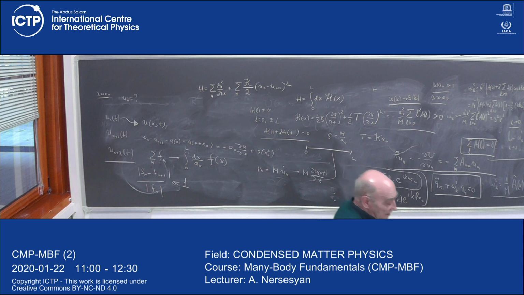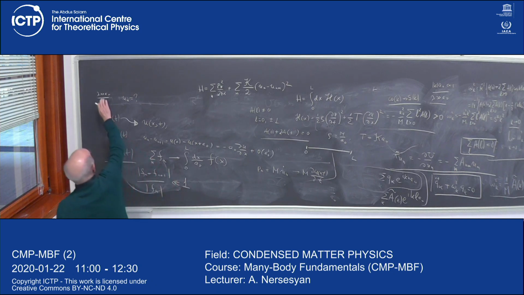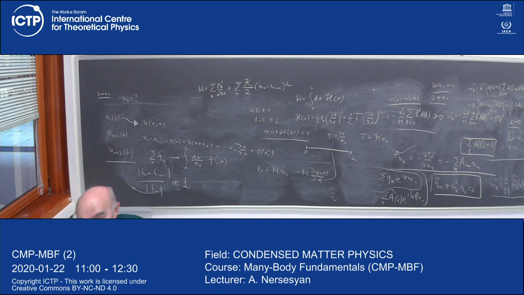I'm very sorry, our problem was not an elastic string. Our problem was a set of atoms forming a lattice. At the end of the day, from the point of view of long wavelength oscillations, we have an effective theory of a string.